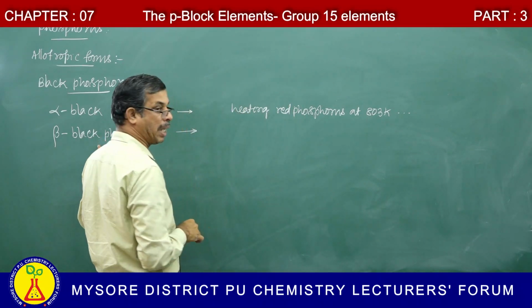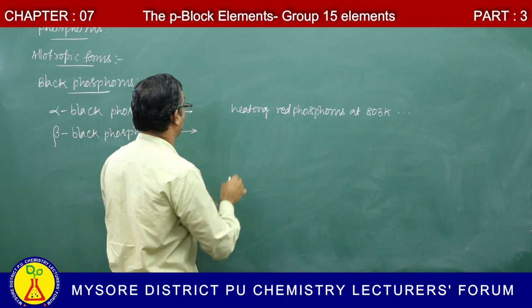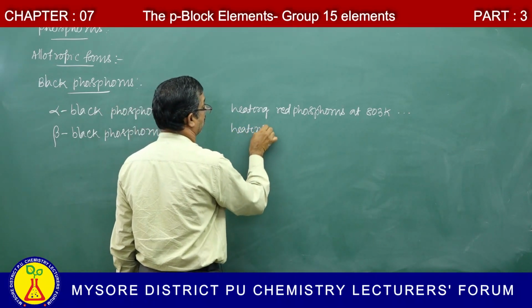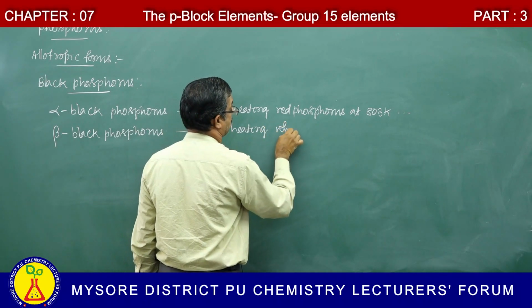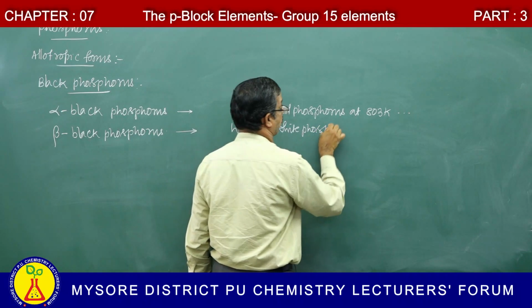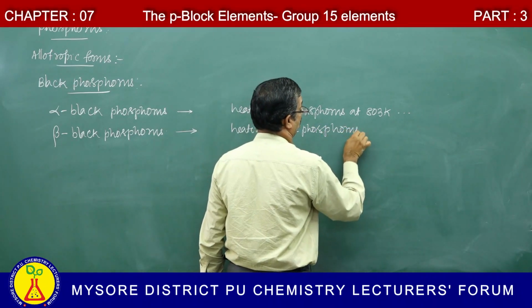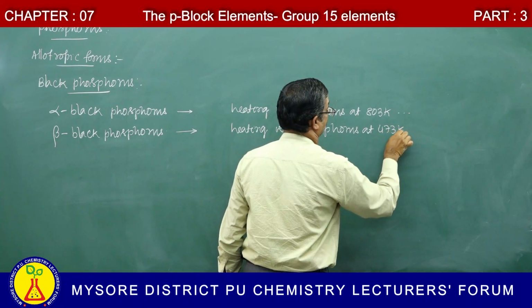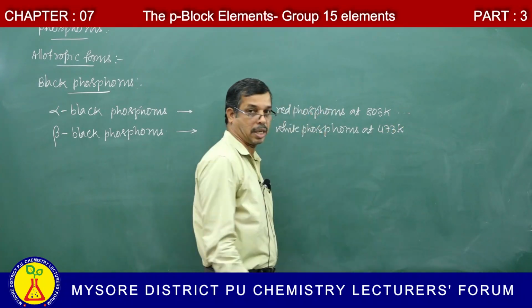Similarly, beta black phosphorus can be obtained by heating white phosphorus at 473 Kelvin under high pressure.